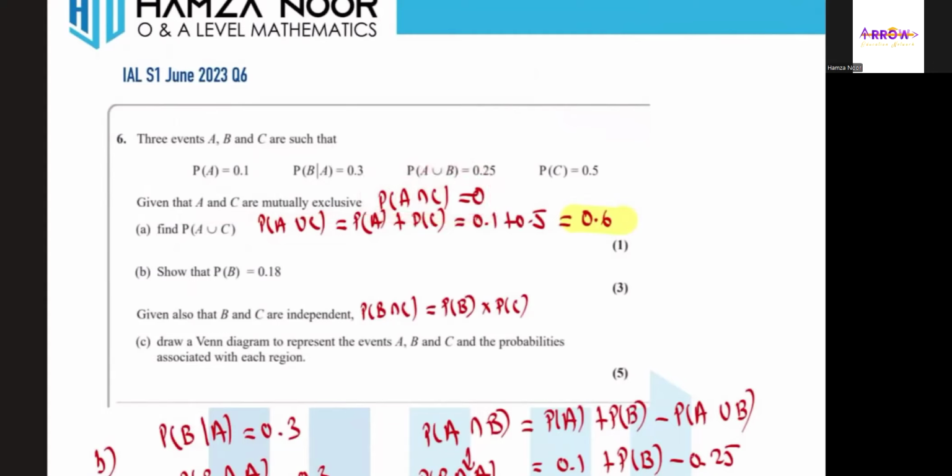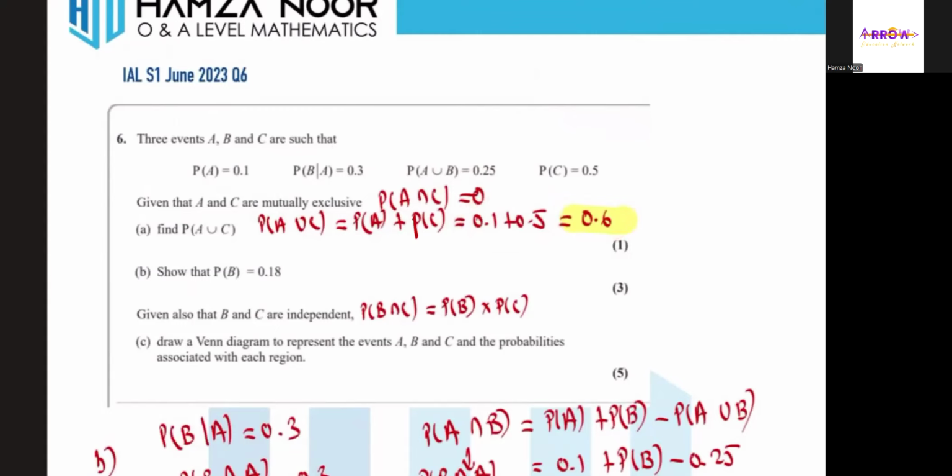There is no overlap between events A and C. A and C cannot happen at the same time. So the probability of A union C is equal to the probability of A plus the probability of C. So 0.1 plus 0.5 equals 0.6.